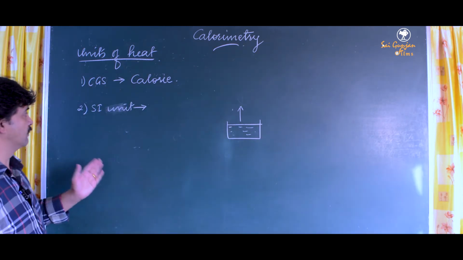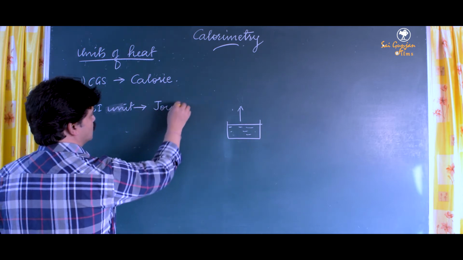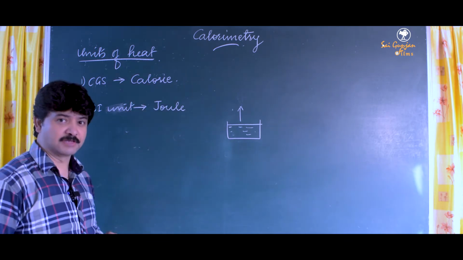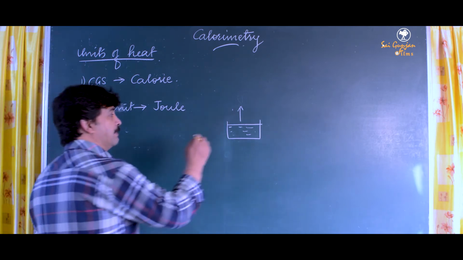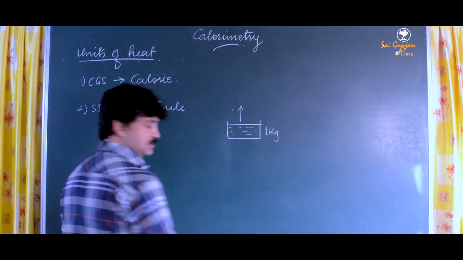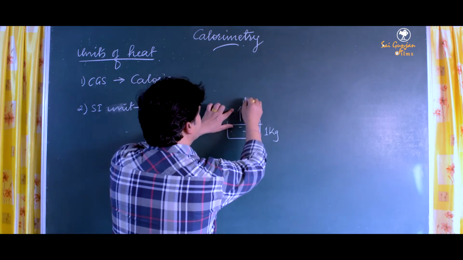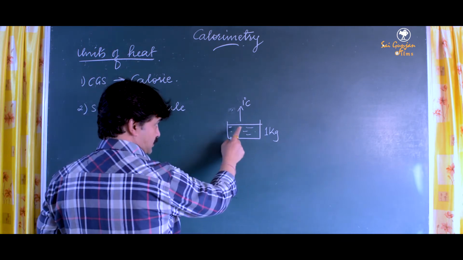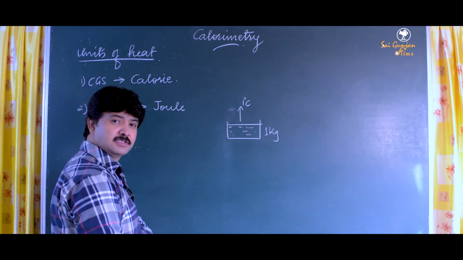The second unit of heat is the SI unit, and this is called joule. The definition of joule is very similar to the definition of calorie. You just have to bear in mind this is the SI unit. In this case we take 1 kg of water. Again, to raise the temperature of 1 kg of water through 1 degree Celsius, we need some amount of heat.